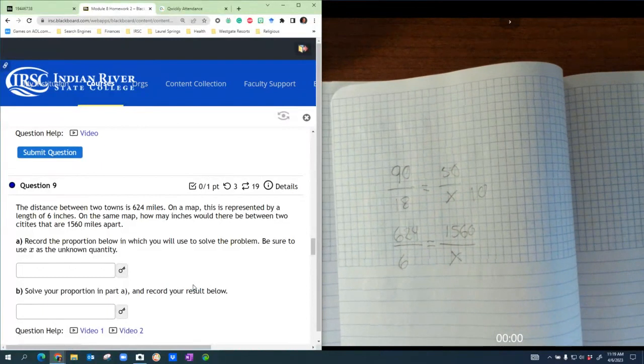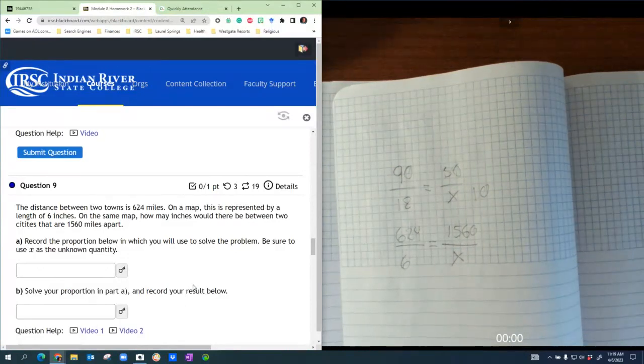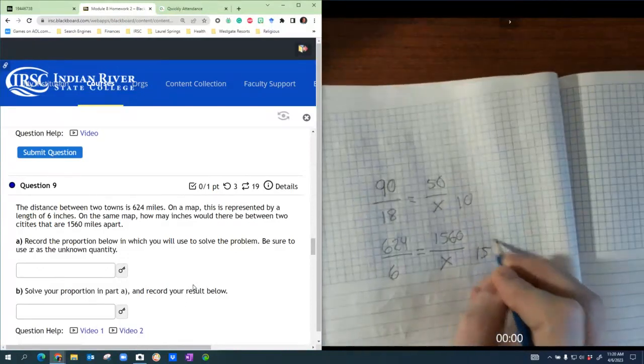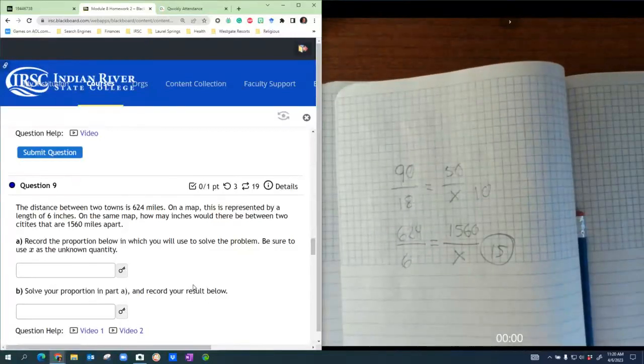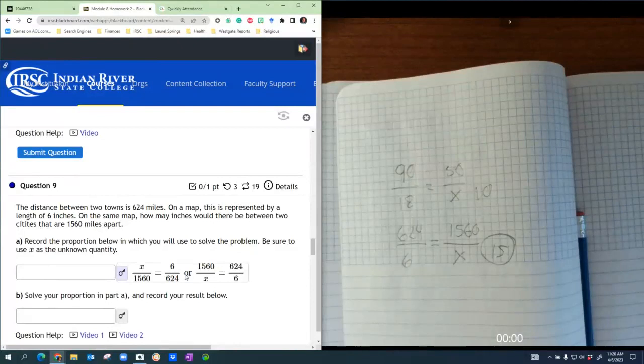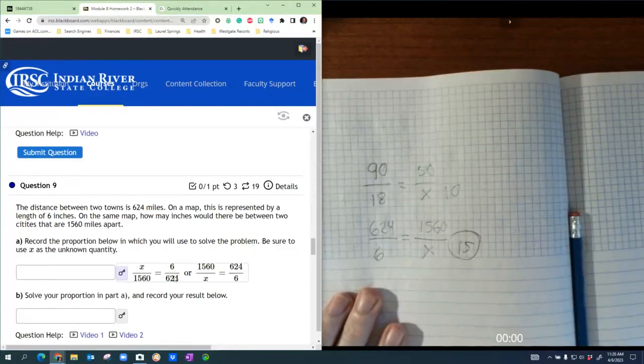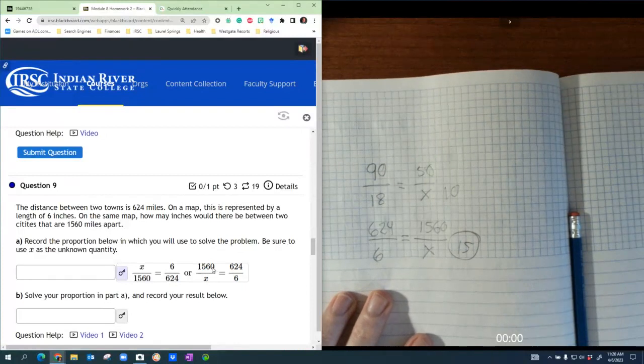So I would multiply 6 times 1560 divided by 624. Now it equals 15. It says record the proportion that you would use. I use this one, that would be this second one here. So I would use that, and my answer would be 15.